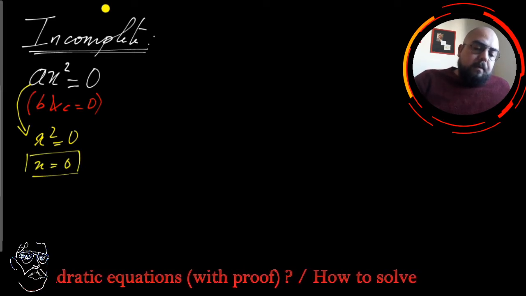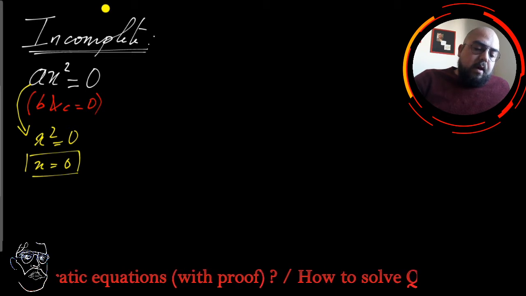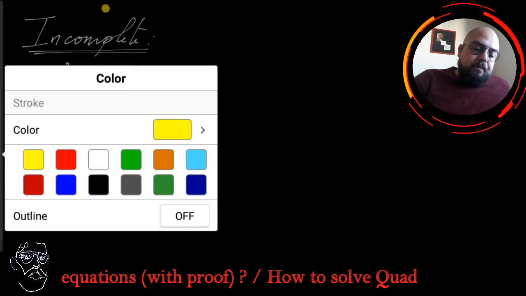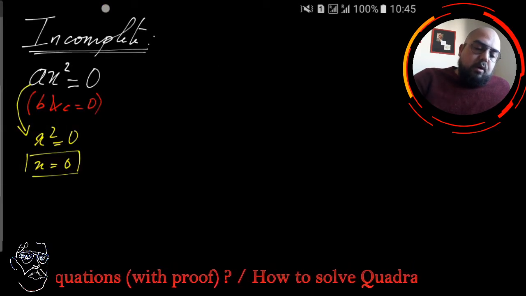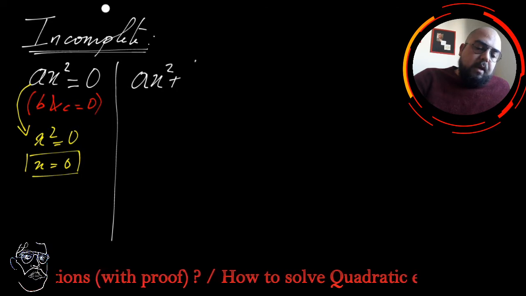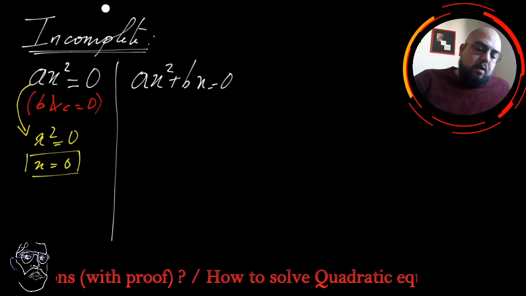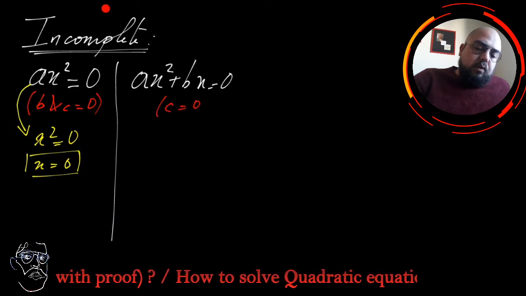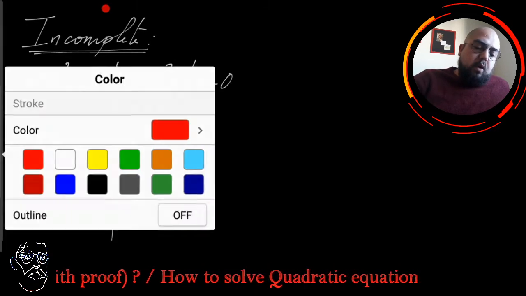Now what about the case where, for example, c is equal to 0? Your equation will be transformed to ax squared plus bx is equal to 0. So here we have c equal to 0. How do we solve?